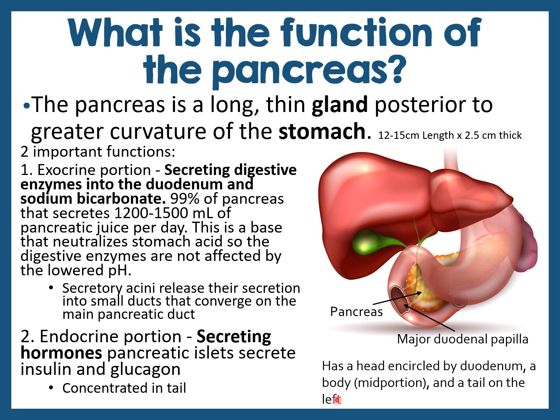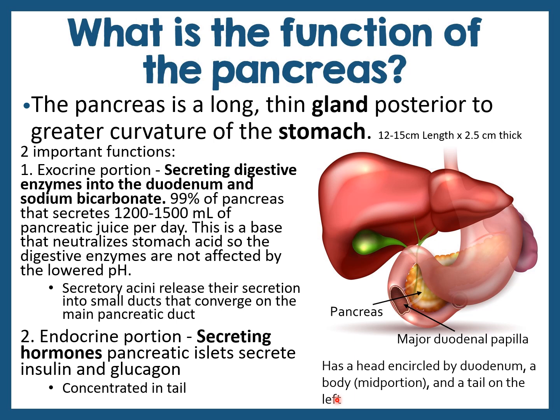The rest of the organ is going to function for exocrine, which is about 99% of the pancreas's function. So it's going to work to secrete digestive enzymes into the duodenum and release sodium bicarbonate.